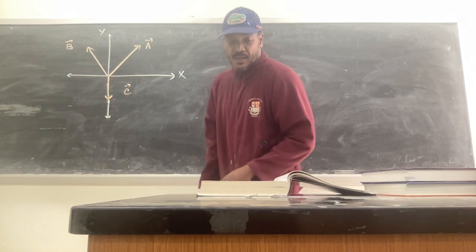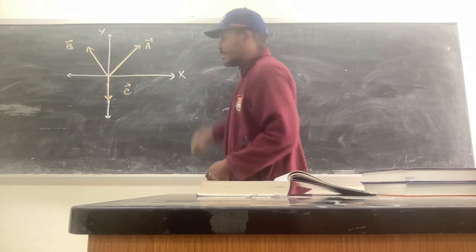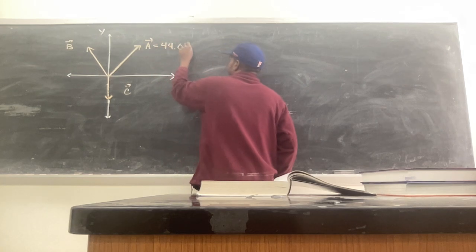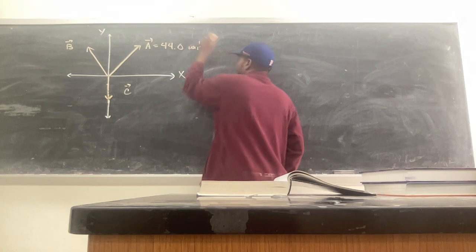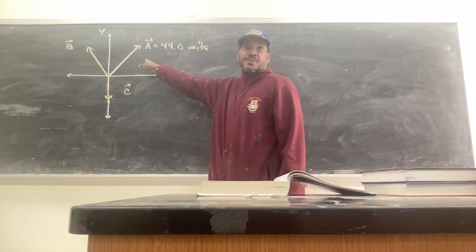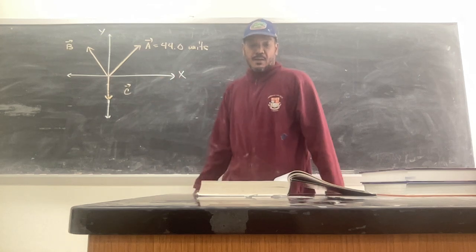So A has a magnitude of 44 units, and it points in the what? Northeast, right? Okay.